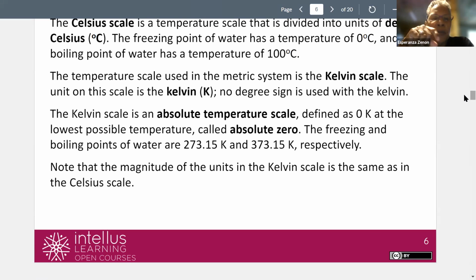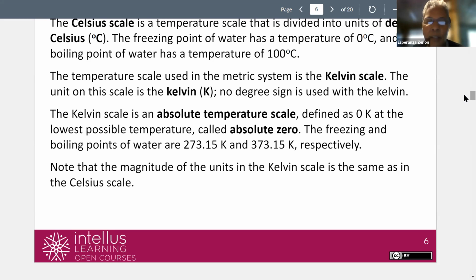They're talking about the temperature difference between the boiling point and freezing point. On the Celsius scale, the difference is 100 degrees Celsius. On the Kelvin scale, the difference is 100 Kelvin. So the temperature difference is the same on the Kelvin scale and the Celsius scale.